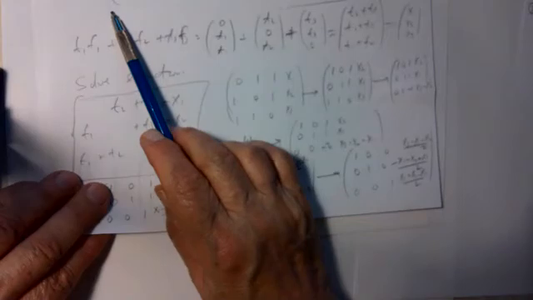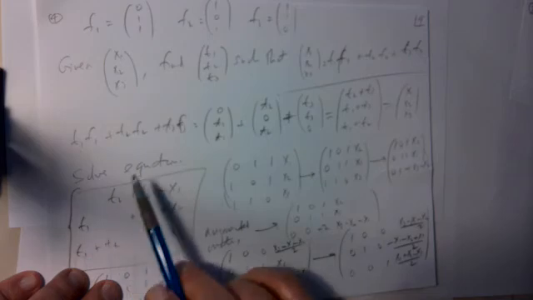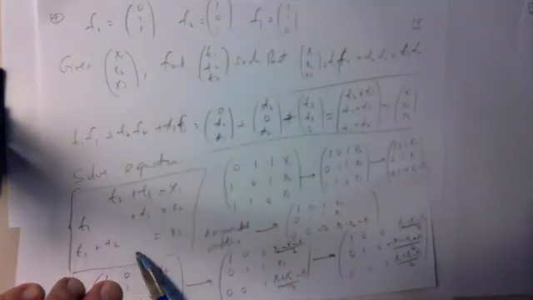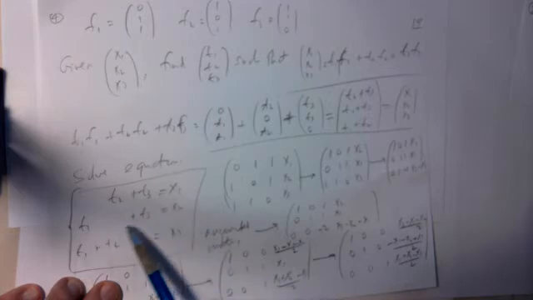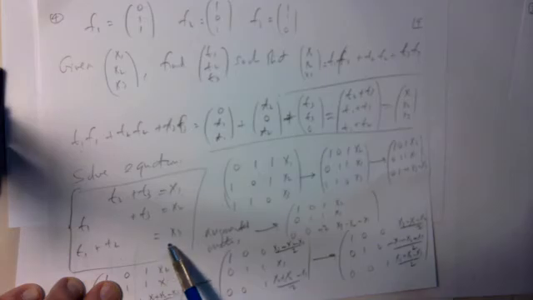So if x1, x2, x3 is going to be a linear combination of the vectors f1, f2, and f3, that's this system of equations. T2 plus T3 is x1. T1 plus T3 is x2. T1 plus T2 is x3.